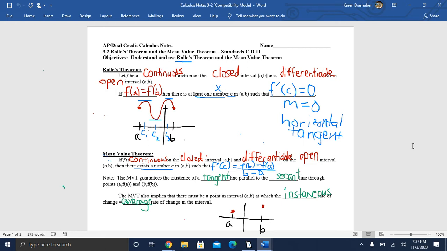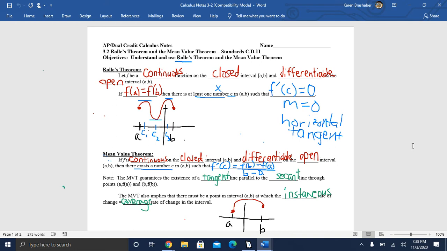So I have A and B on a graph, and I have the f of A and f of B, and I intentionally did not make them have the same y value, although they could. So my only condition is that I have a continuous function. So I can draw anything that connects the A and the B and is a function without any sharp turn.